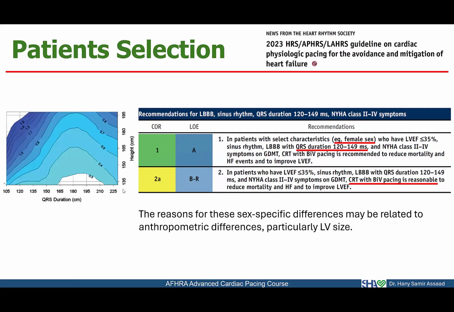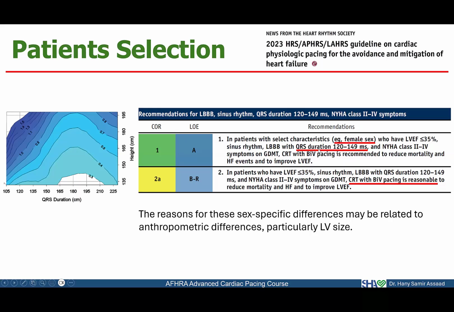And this graph might show and explain to us that the shorter the height, the lower the QRS duration needed for response. The light blue here shows the good response to CRT, and the shorter the individual or the patient you are implanting, the more he will respond even with narrower QRS.